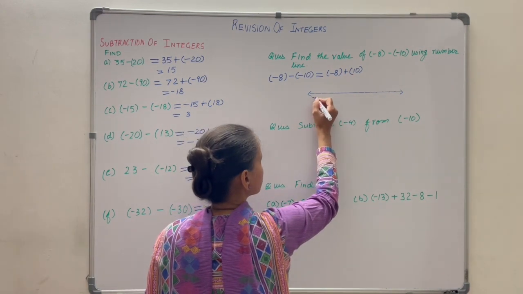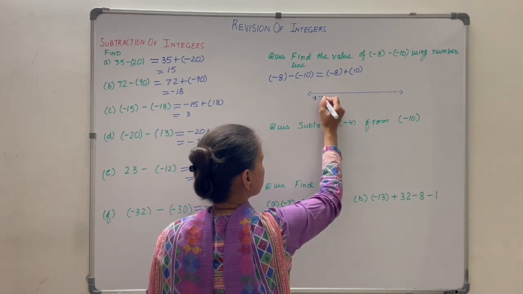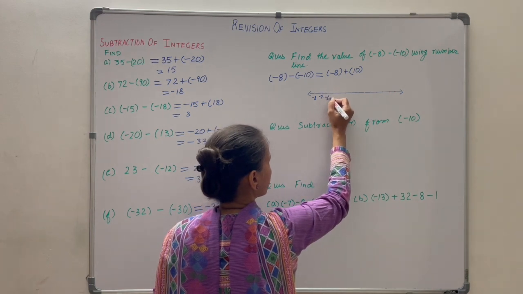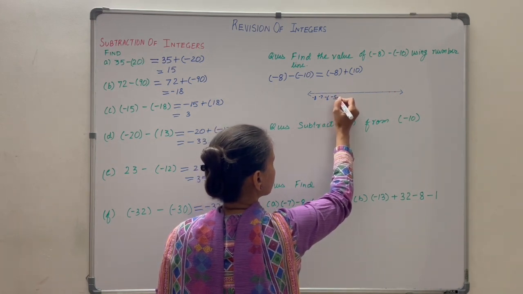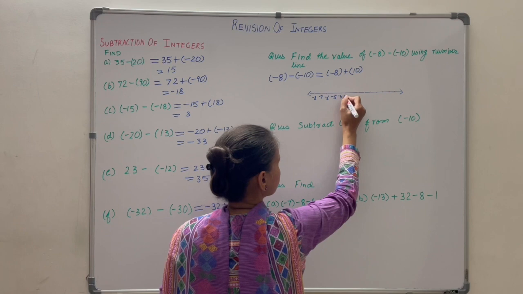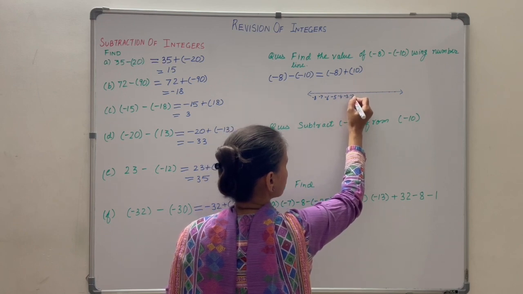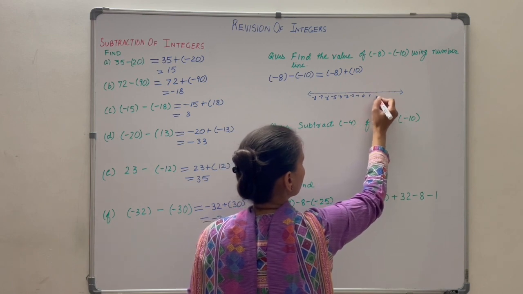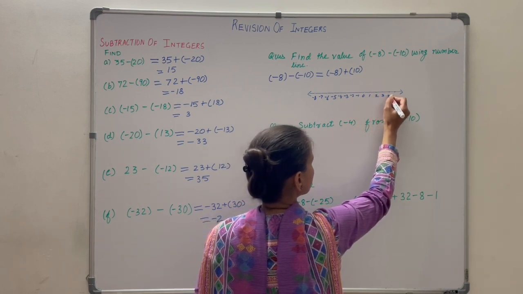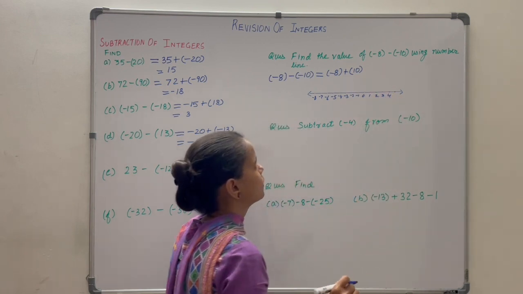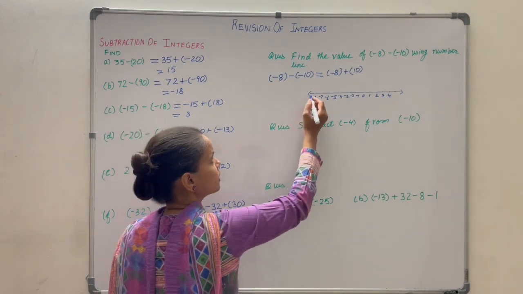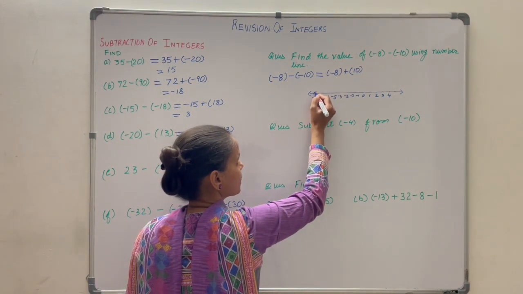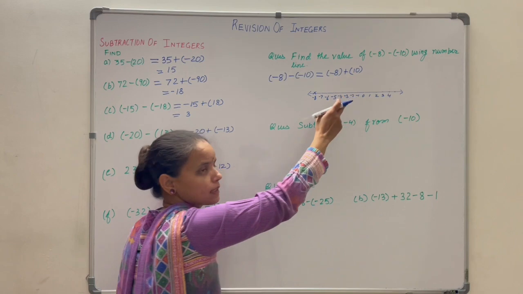So let us write down here -8, -7, -6, -5, -4, -3, -2, -1, 0, 1, 2, 3, 4. So here first you need to locate -8 and you need to add +10.